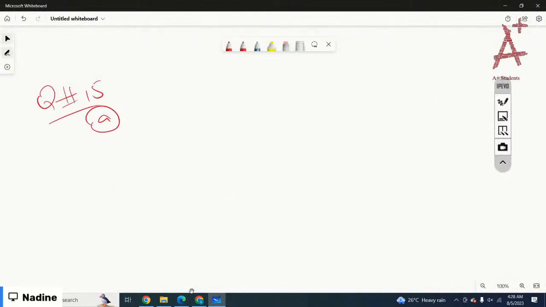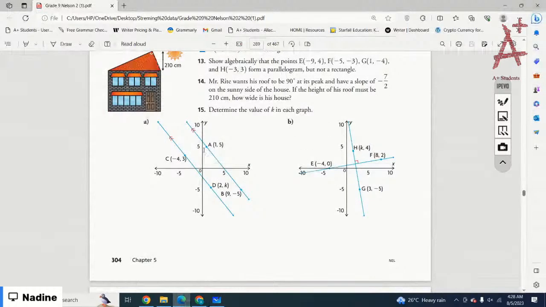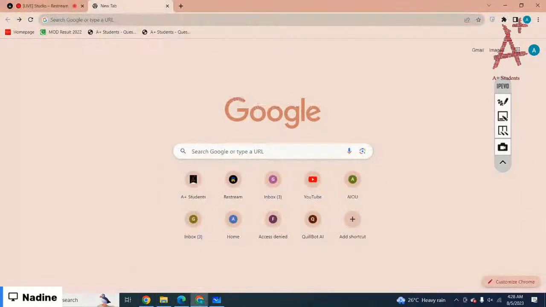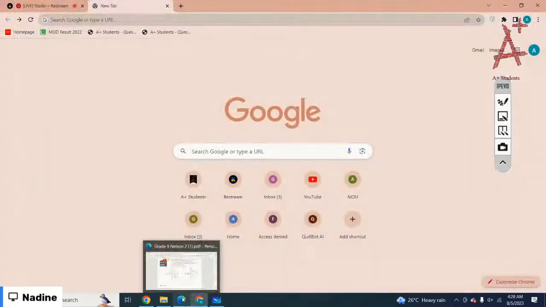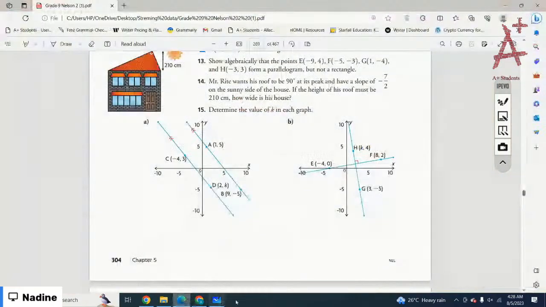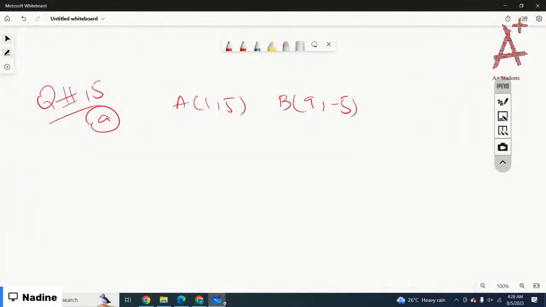The endpoints are (1, 5) and (9, -5). And for the other line, it is (-4, 3) and (2, K).